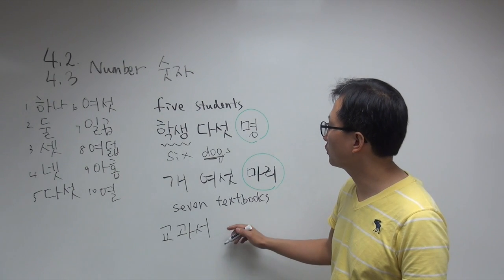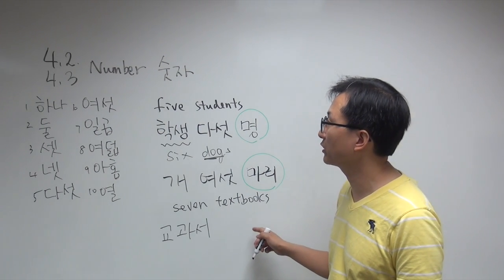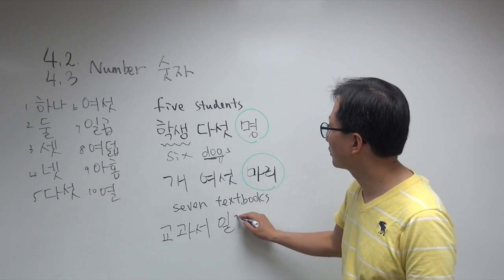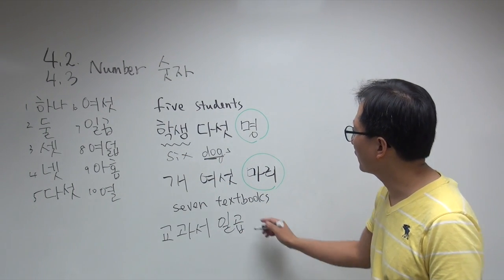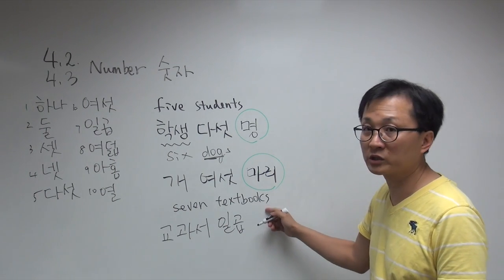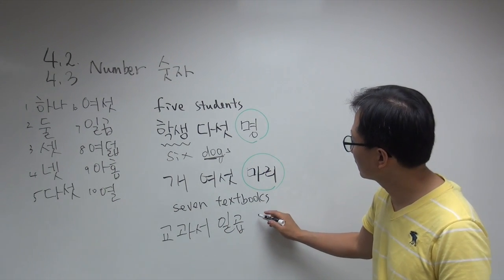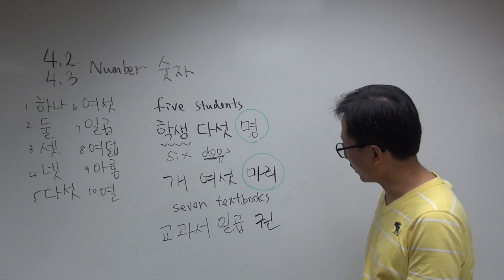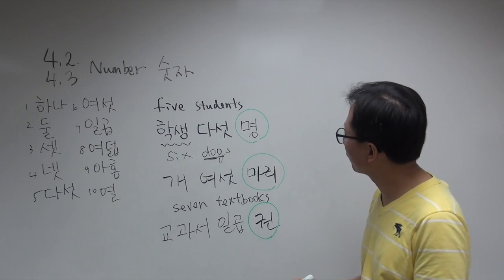And we have to specify the number with a native Korean number. So 7. And the counter for books is 권. Yeah, 권. So 교과서 7권.